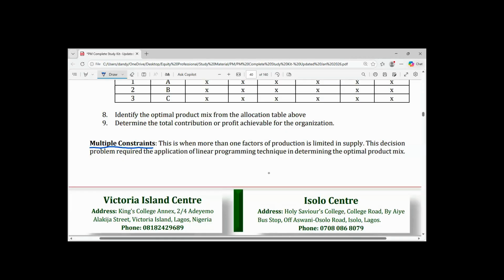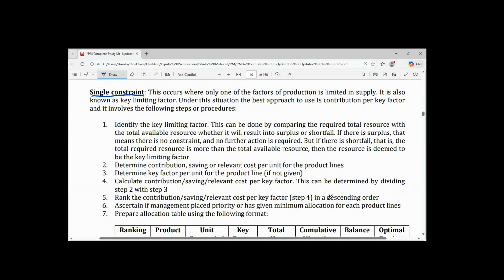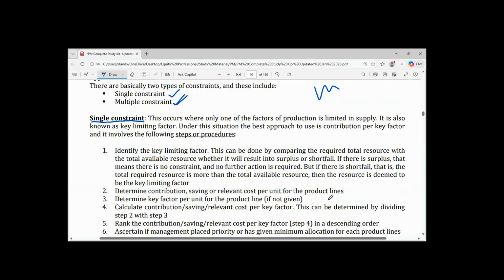So after optimal product mix, we are going to be discussing linear programming. But right now, our focus is on the single constraint. So like I mentioned, when there is a single constraint, the key limiting factor is used for the purpose of allocating the limited scarce resources.